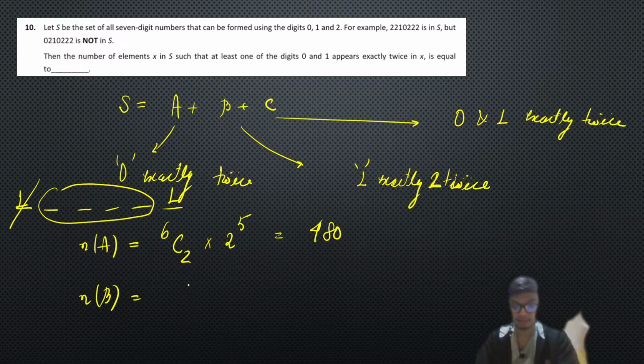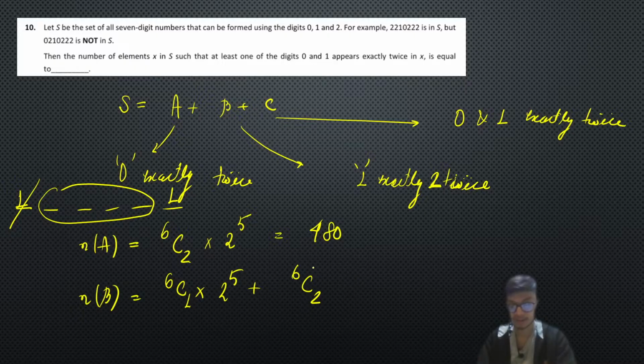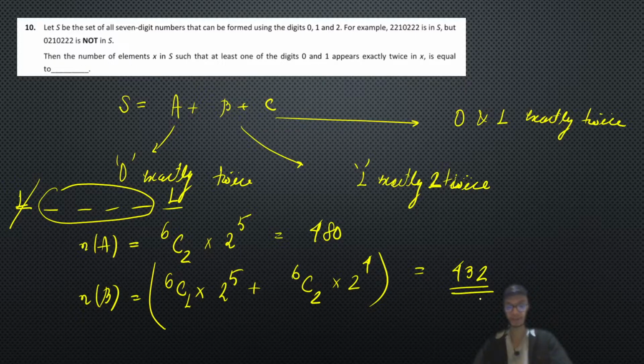If it occurs at the leftmost place, this is given by 6C1 into 2 to the power 5. If it is not in the leftmost place, then out of the 6 digits I can take any 2 places, and then permute with 2 to the power 4. So this gives the number of cases for B as 432.